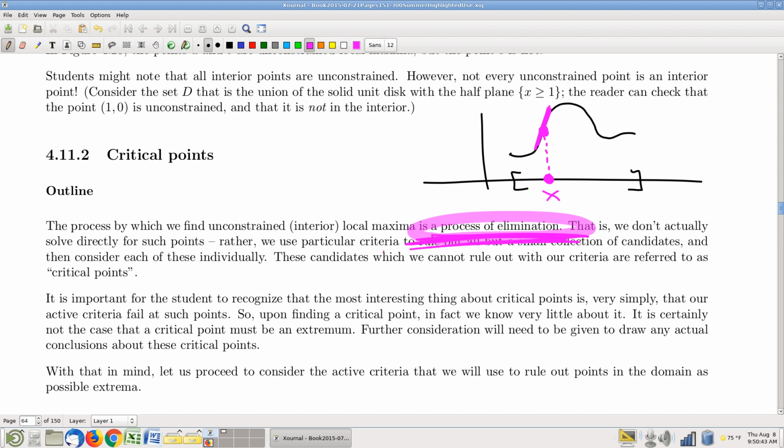I can eliminate that as a possible point because the function is in the process of increasing as I go in that direction, which I'm allowed to do. I'm right in the middle, I can go whichever way I want, right? And as I go to the right there, the function's increasing. You can't be at the biggest point if the function's continuing to get bigger. Okay, so this is what we really know. That's not up for discussion. That is absolutely not the maximum.